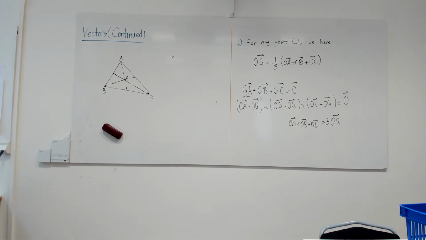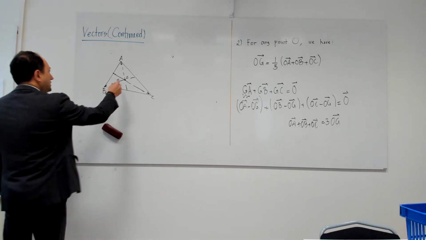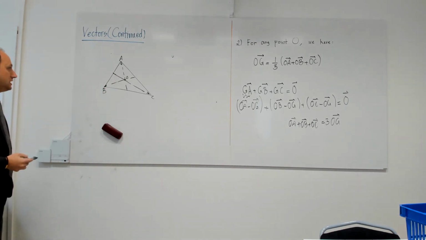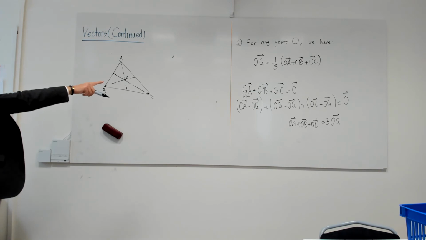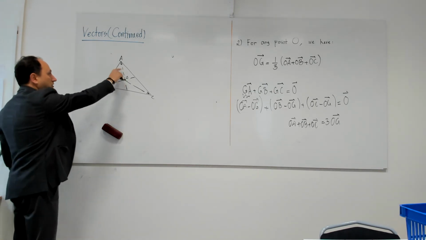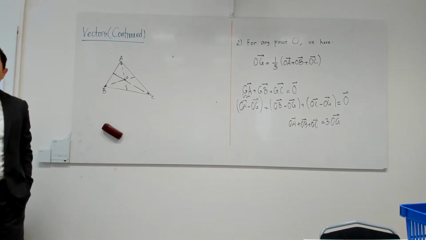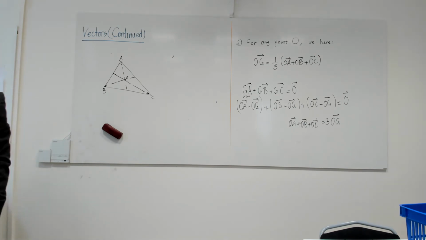So GA plus GB plus GC is equal to the zero vector, we showed that there. So it means that we can construct a triangle using those lines with those lengths. So it is interesting. You just start with a triangle, you draw the medians and then find the centroid.